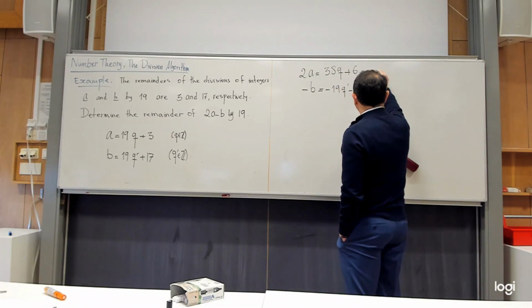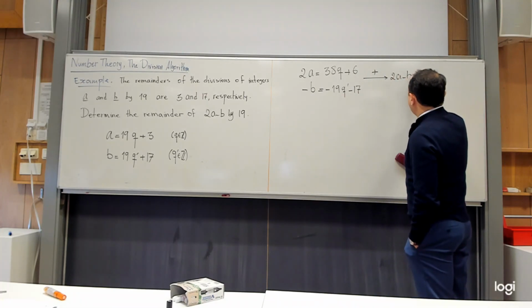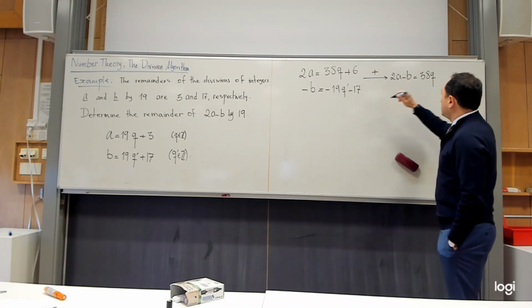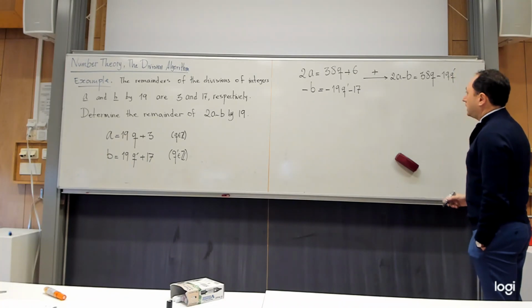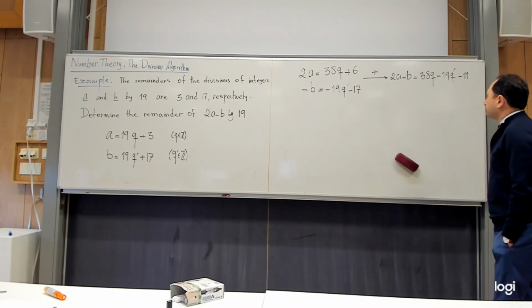And if I add them side by side, 2a minus b is exactly what I want. And then I will have 38q, let me write minus 19q prime next to it. And then I have 6 minus 17, which is minus 11.